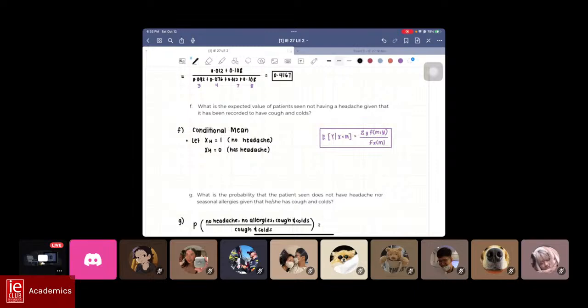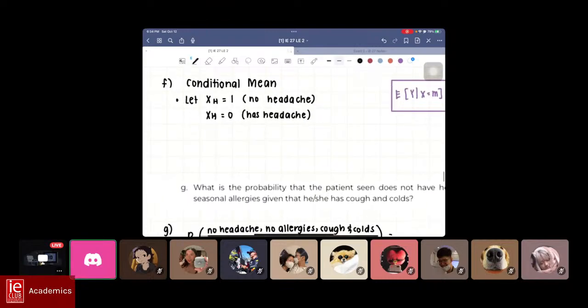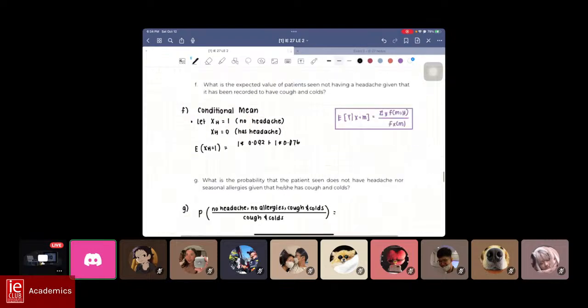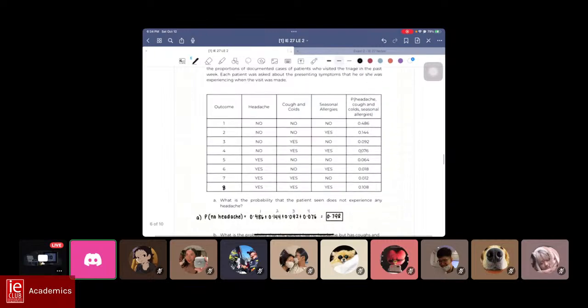Since we're finding the expected value of not having a headache, we can let x of h be equal to 1 if no headache, and x of h equals 0 if with a headache. So the expected value of no headache would be equal to 1 multiplied by 0.092 plus 1 multiplied by 0.076. Since this is the no headache, it's outcomes 3 and 4.